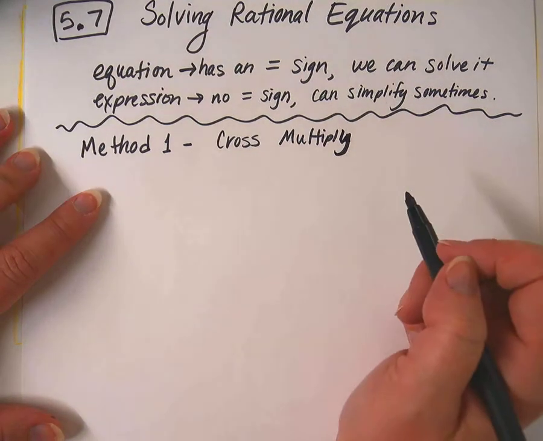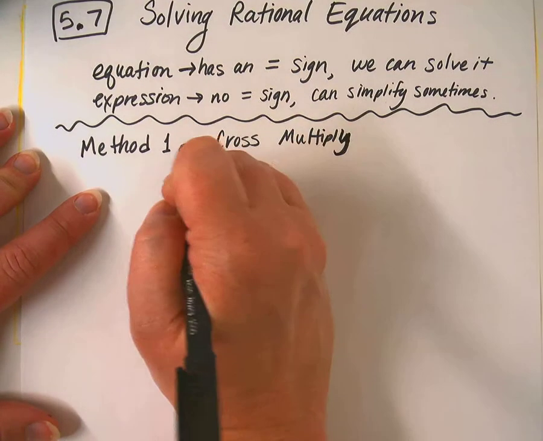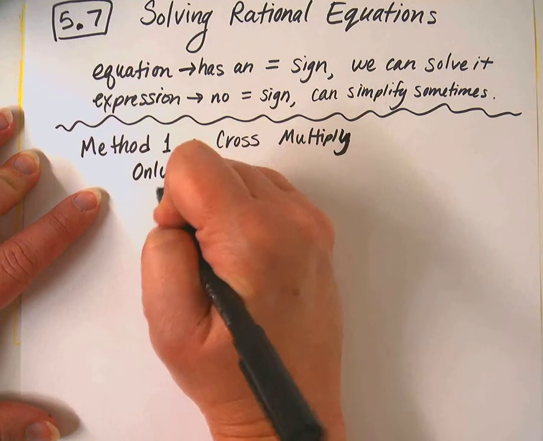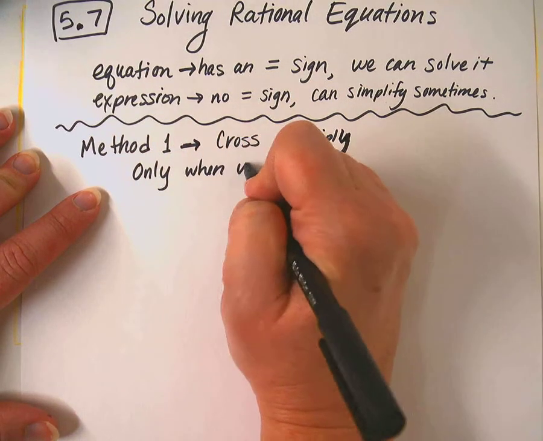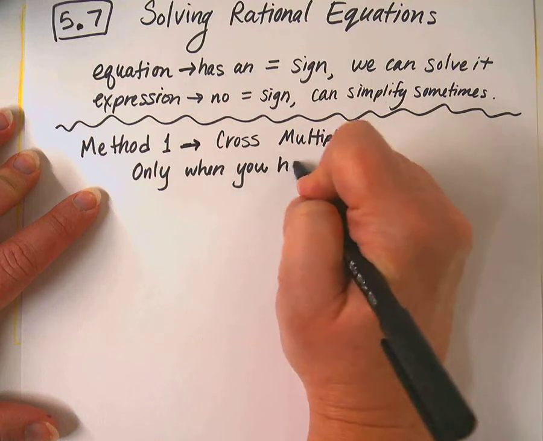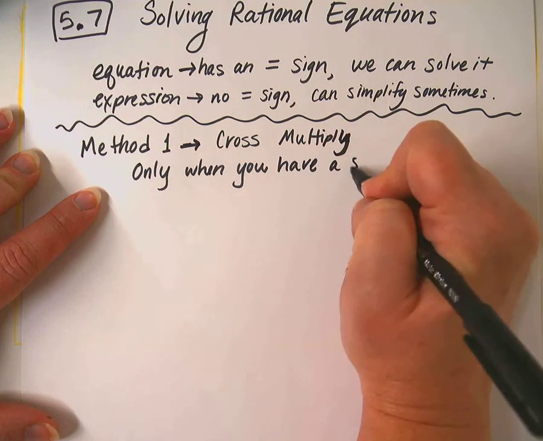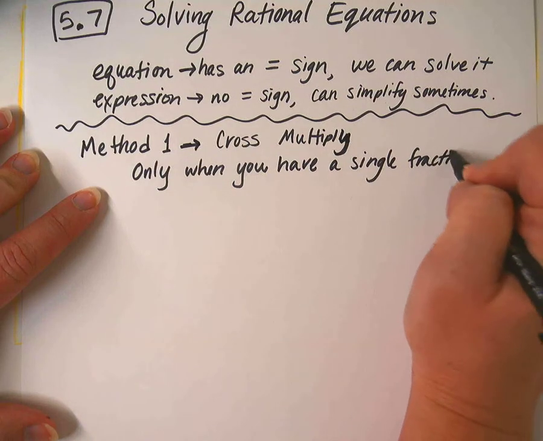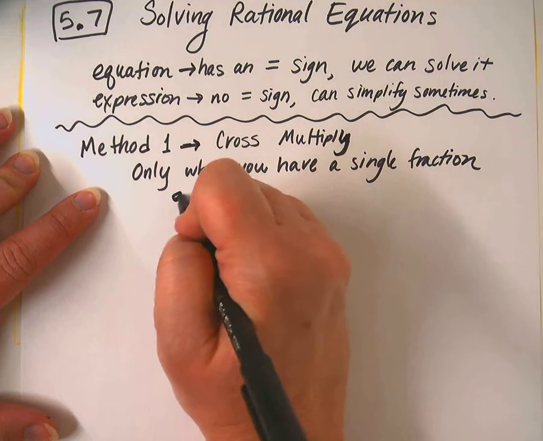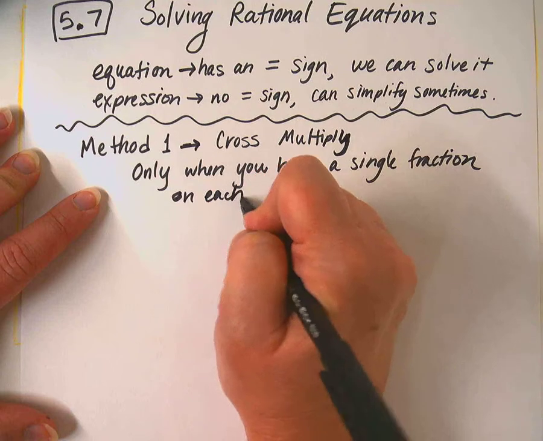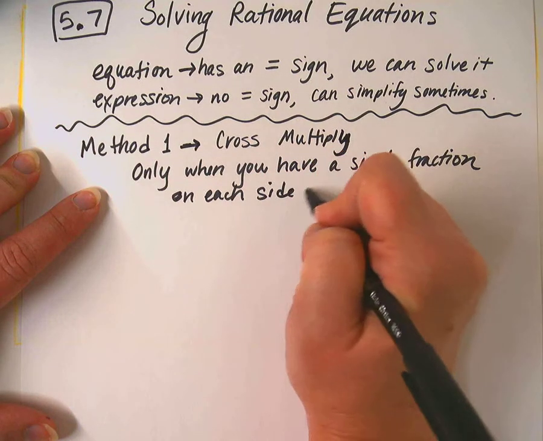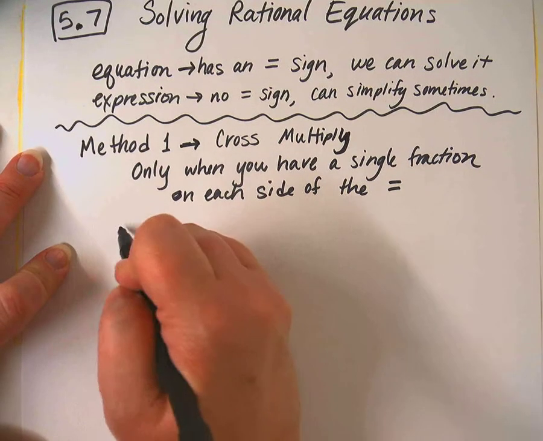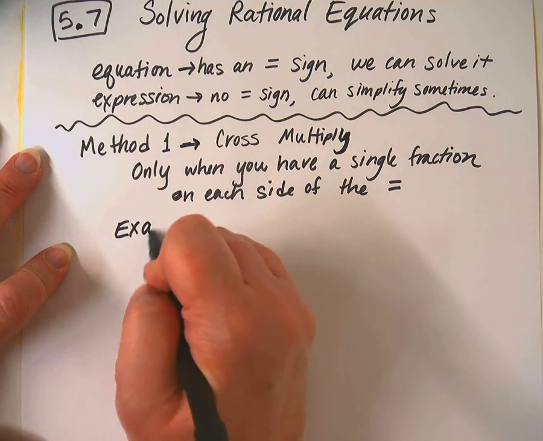Cross multiply, but that only works when you have a single fraction on each side of the equal sign. Okay? Let's do an example of method number 1.